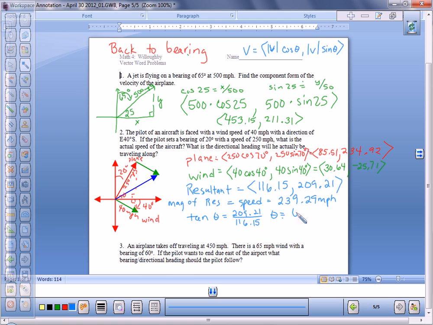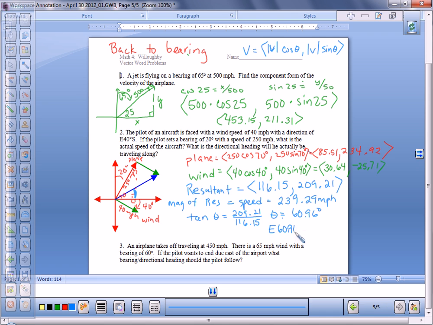Now let's think about where that is. That 60.96 is this angle. So how could we describe this? Okay, one way we could describe it is we could say it is, with respect to east, it is 60.96 degrees north of east. That's one way.